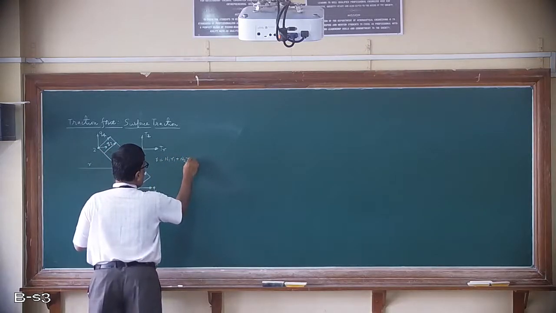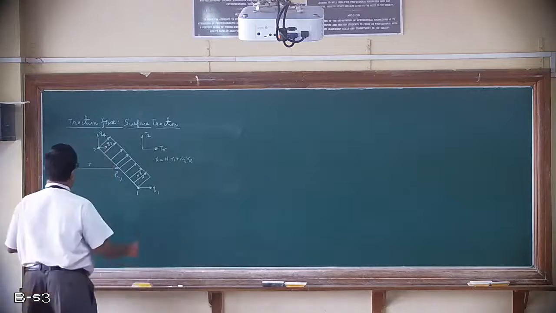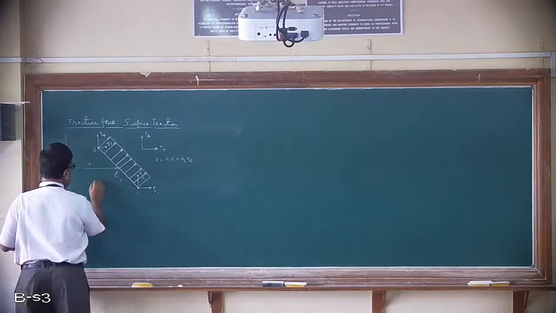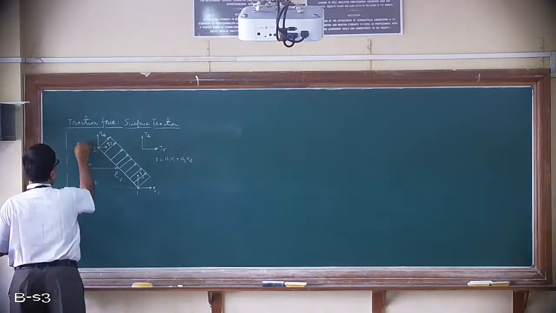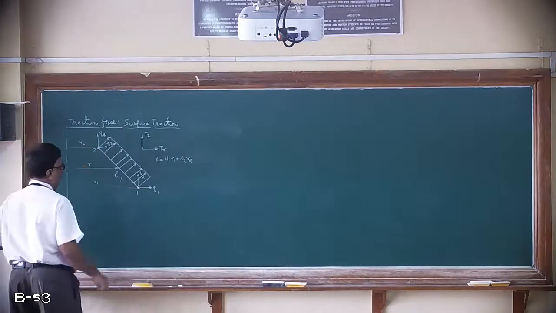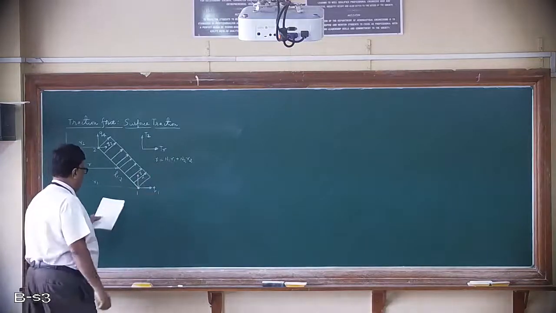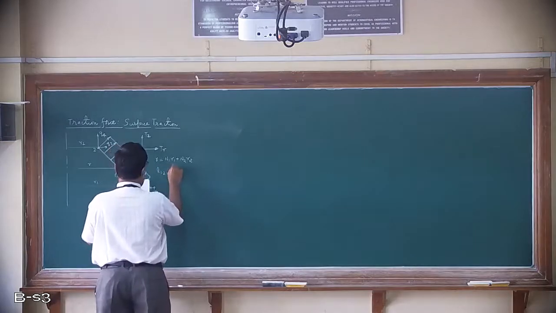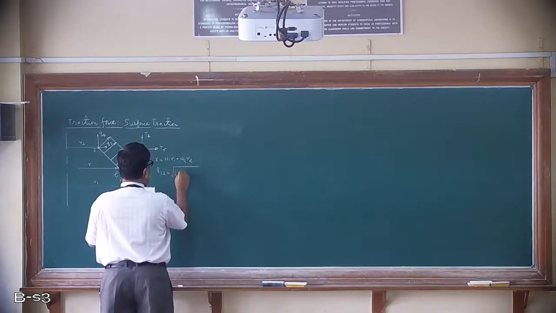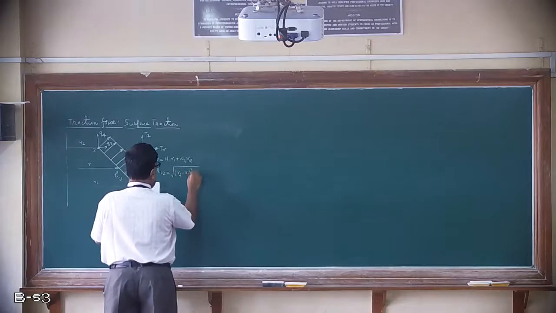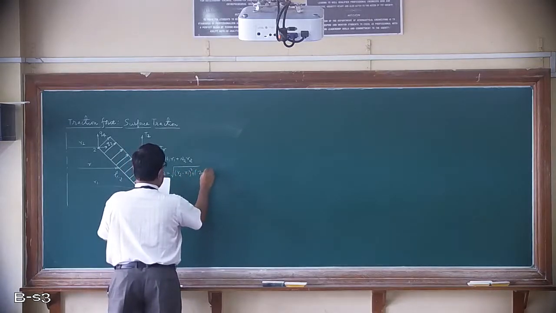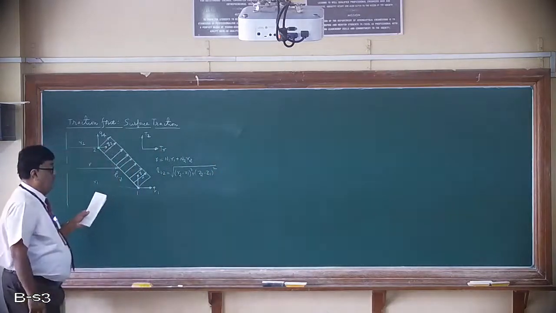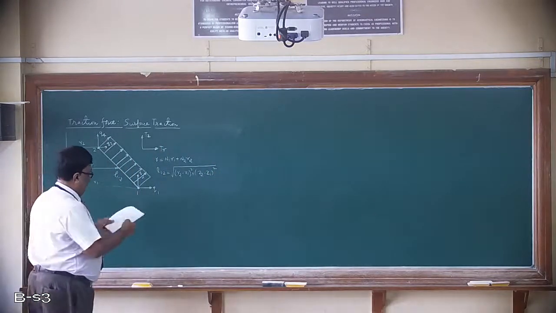N3 will not come into the picture. If this is my axis, this radius is R1 and this radius is R2. If I know R1 and R2 and Z1 and Z2, I can evaluate that. Then L12 can be obtained as the square root of R2 minus R1 whole square plus Z2 minus Z1 whole square. This is the way you can find the length of the element.